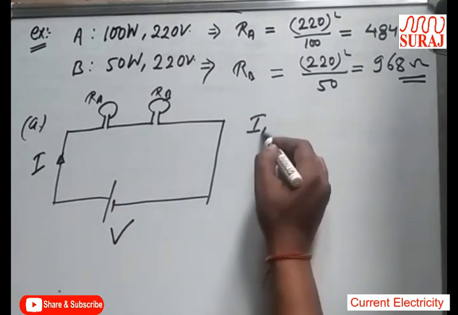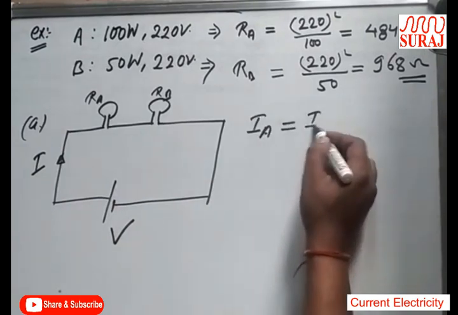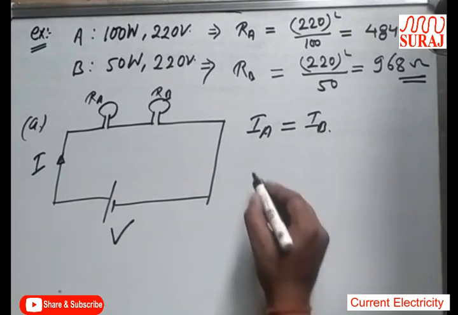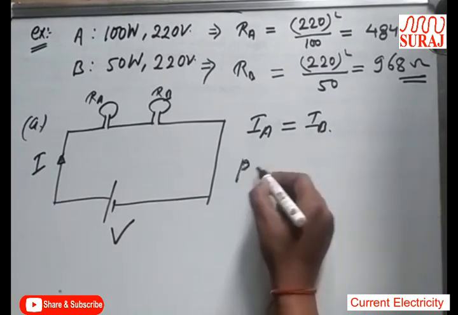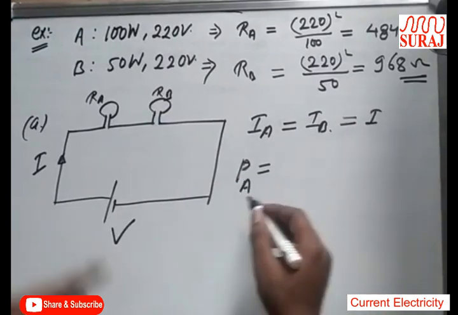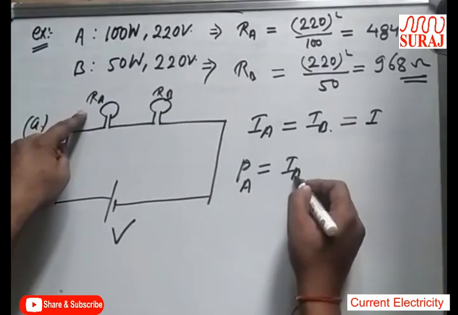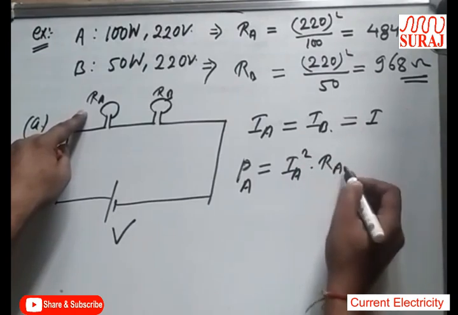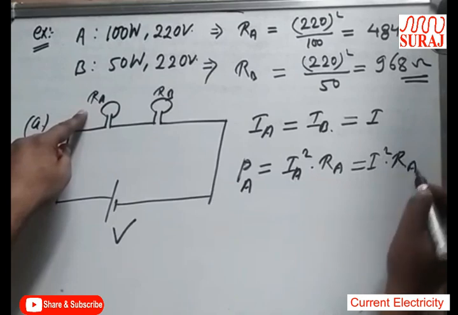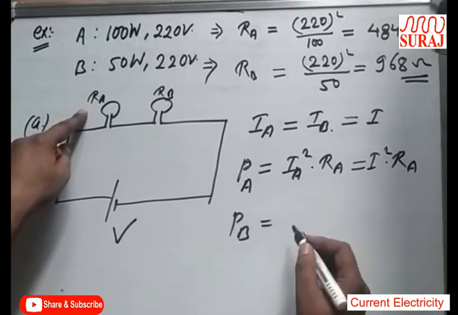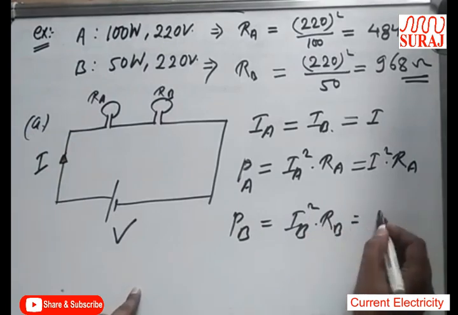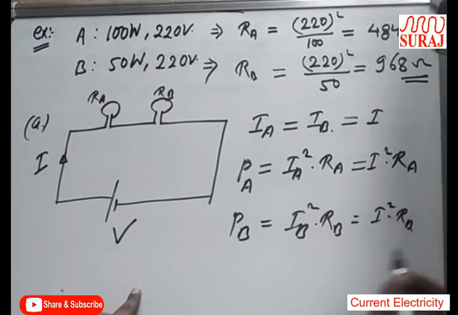Means the current in A is equal to the current in B. So power is written as, suppose this current is I, the power dissipated in A will be IA squared into RA, which is I squared into RA. Power dissipated in B will be IB squared into RB, which is I squared into RB.